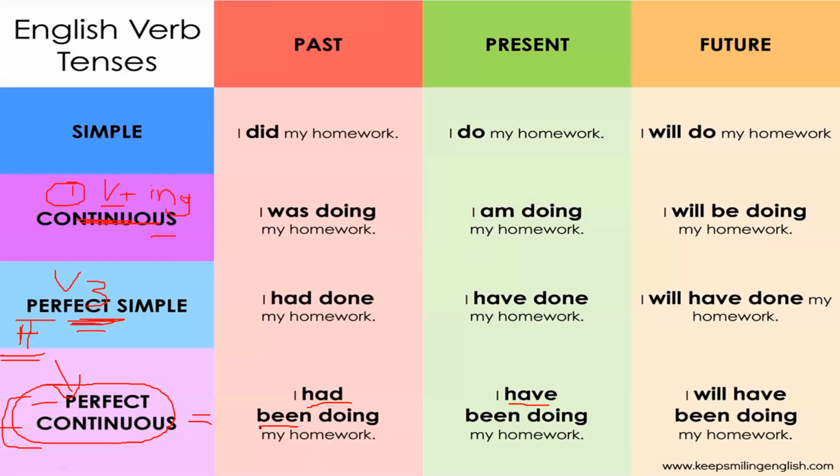So that's why we fixed this V3 form for each one of these forms. I had been, I have been. Been equals the first verb of the perfect part.